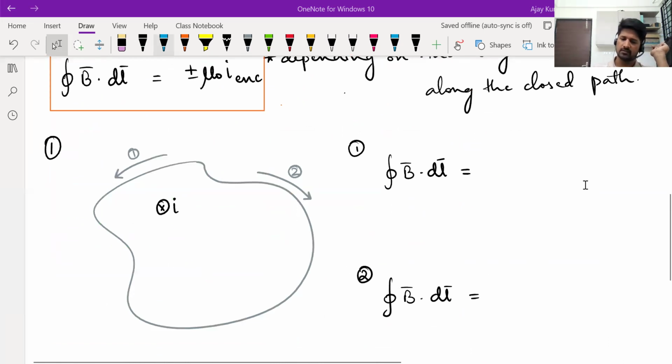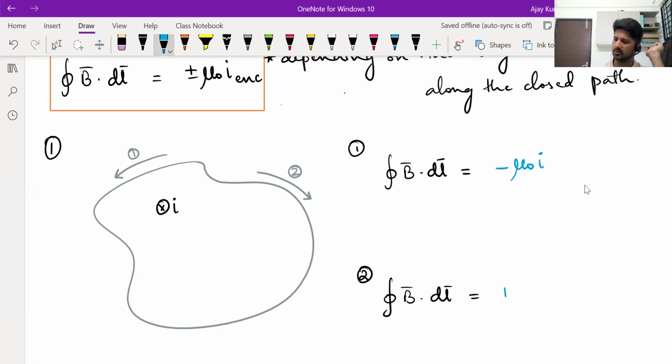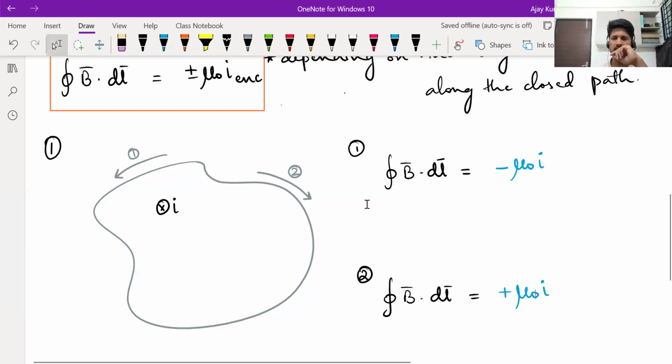I got one answer as minus mu naught I in the first case and plus mu naught I in the second case. We'll see. Others also solve it quickly.